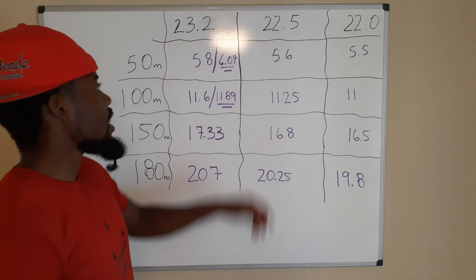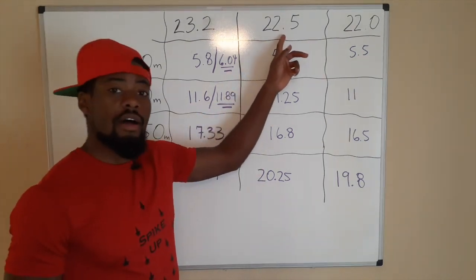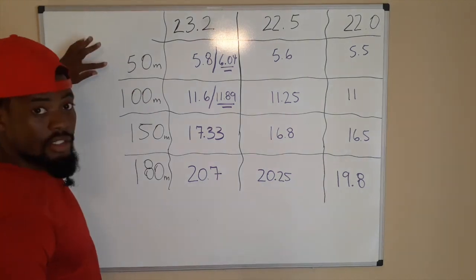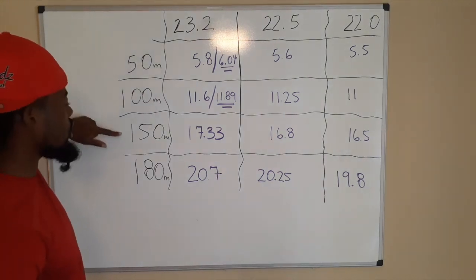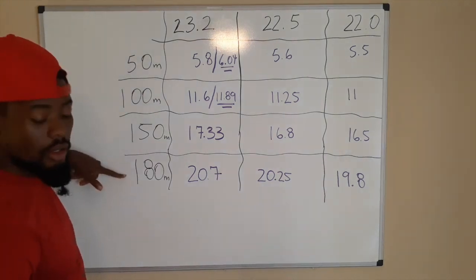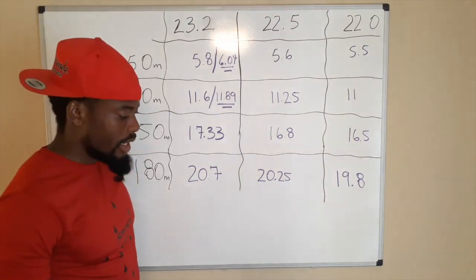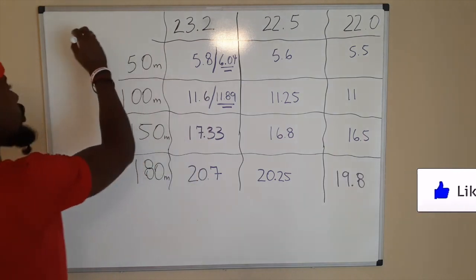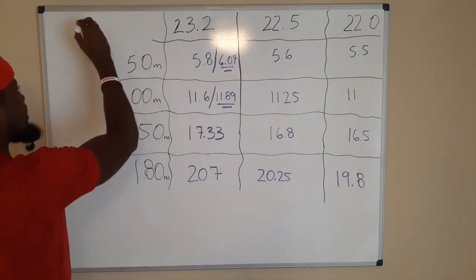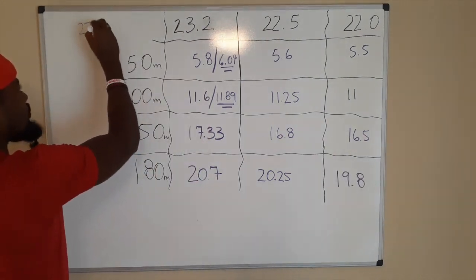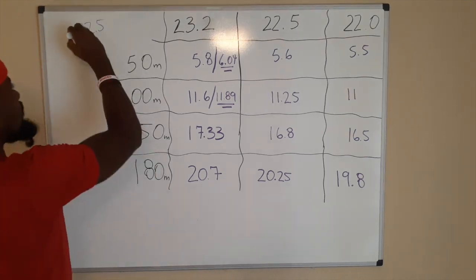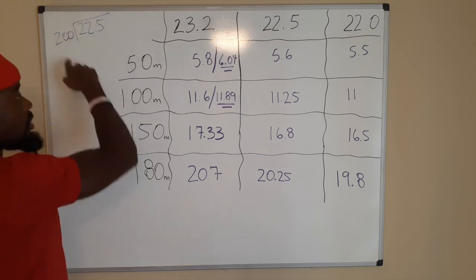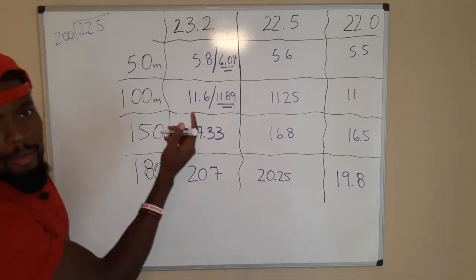So check this out. My goal was to run 22.5 in the 200, right? Over here, I have listed the different splits that you would need to run in order to run the 200. Basically, the way that you do that is by taking your PR, or the time that you want to run, and let's say it's 22.5, you divide it by 200, and you get a number.